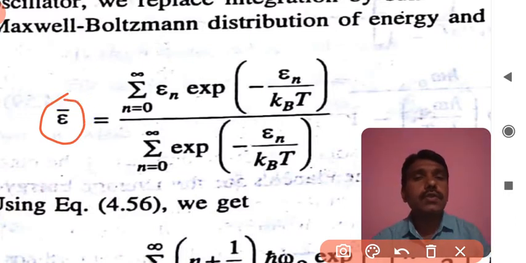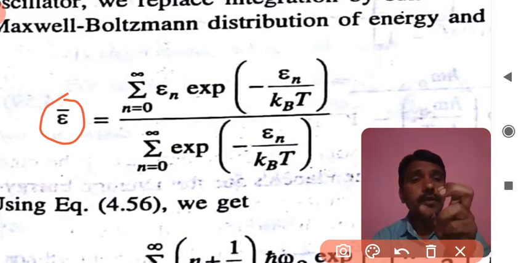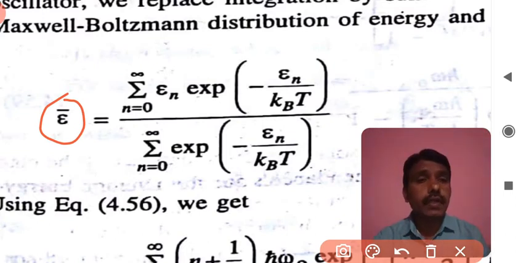And again summation is going to be used. I will explain why this summation is used instead of integration. The summation fixes the number of atoms inside the one dimensional crystal, or whatever crystal you have taken into account.